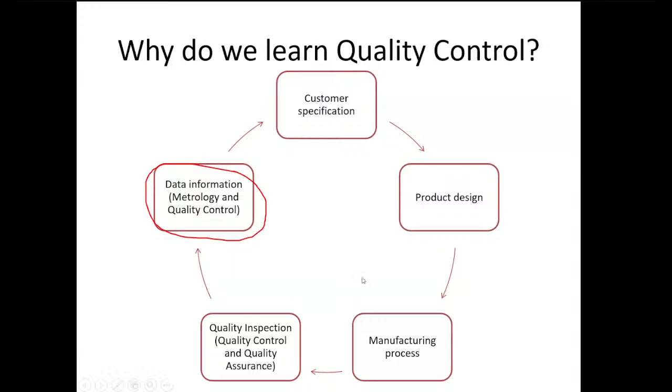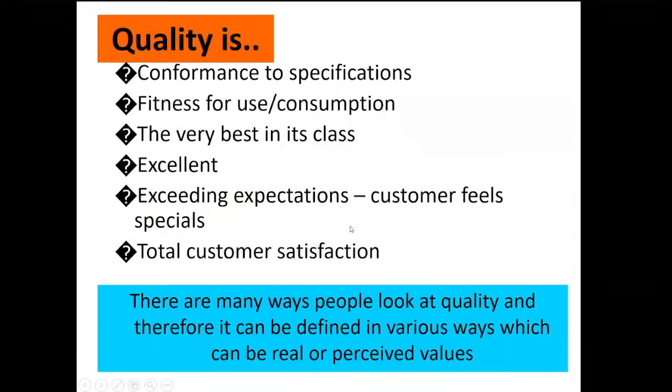From the data that we get, we come up with metrology and quality control. And if we define quality, it's basically conformance to specifications, fit to be used, the very best of its class, excellent. Whenever we say it's exceeding expectations, the customer feels special, or customer satisfaction.